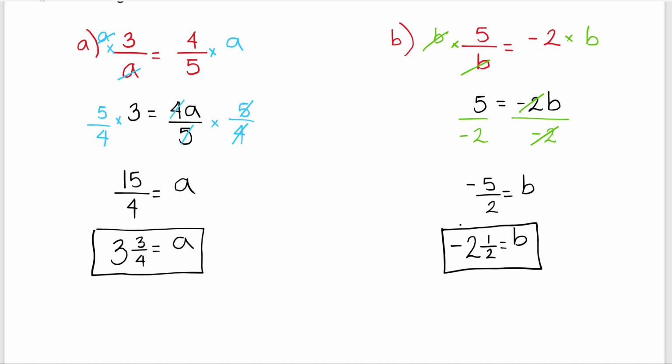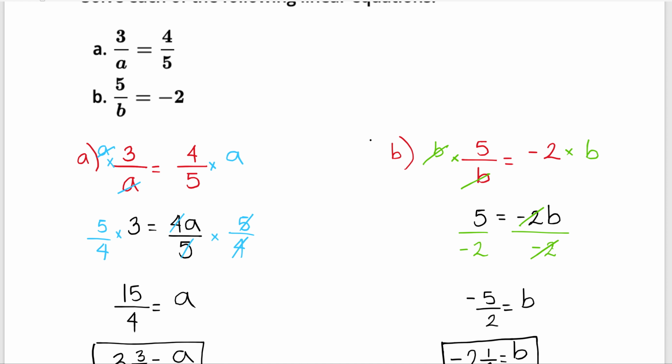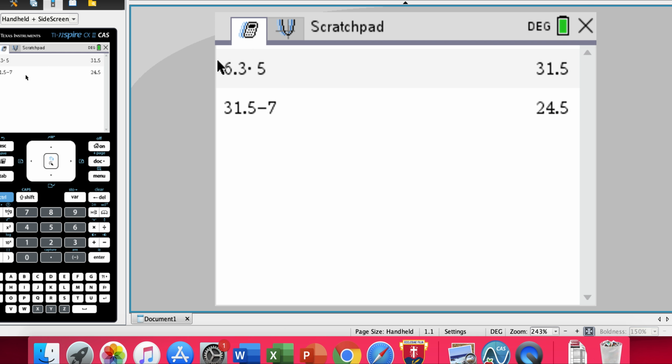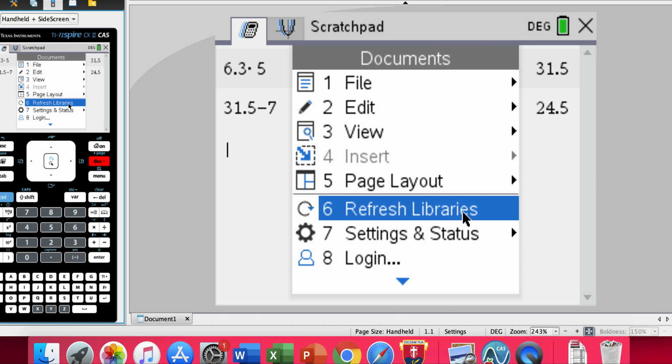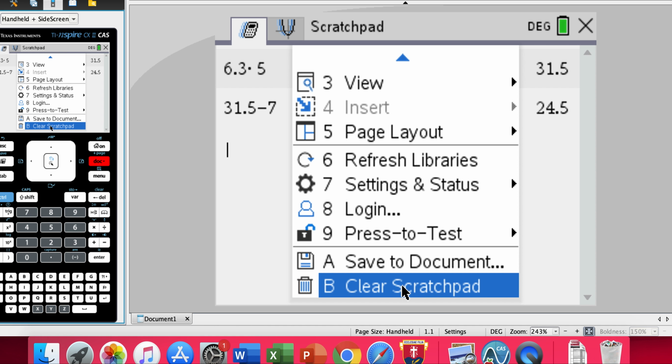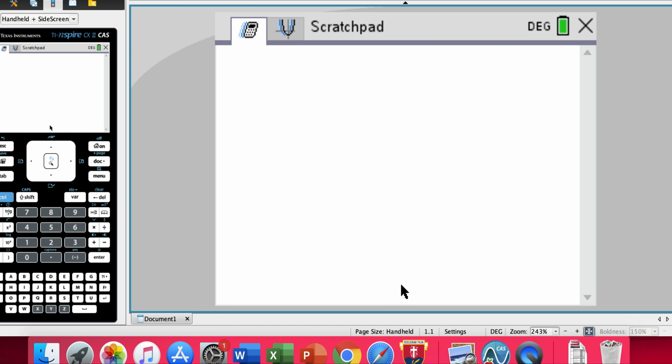Wonderful. Now, I said that we were going to use solve for some of these. So let's check my answers now that I don't know. Let's do the first one with solve. So if we go to CAS, I'm just going to clear this up. So if I go to big document, clear Scratchpad. Thank you.